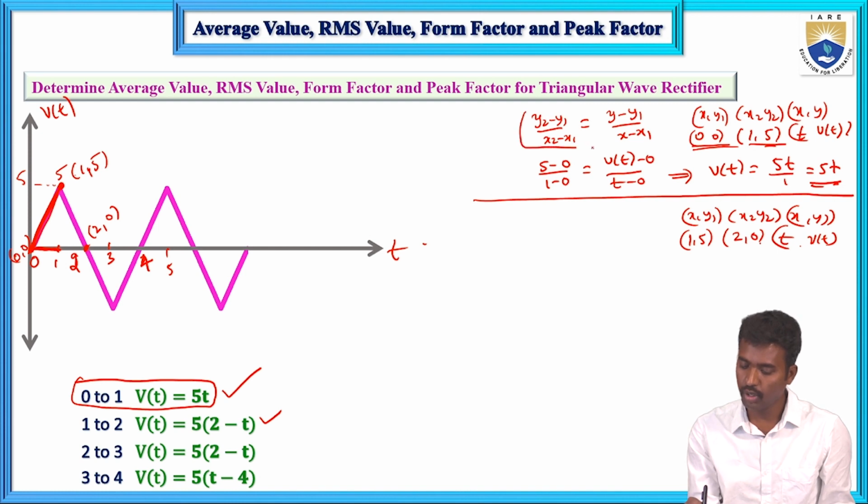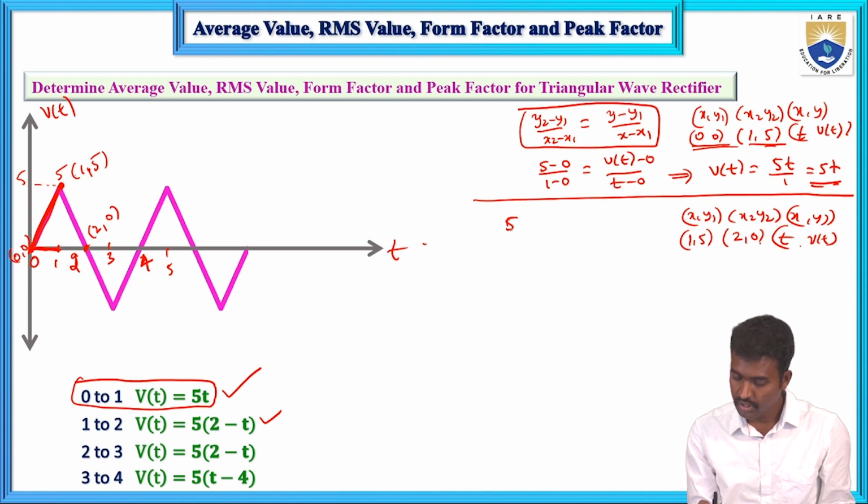Now use the same formula: 0 minus 5 divided by 2 minus 1 equals v of t minus 5 by t minus 1.